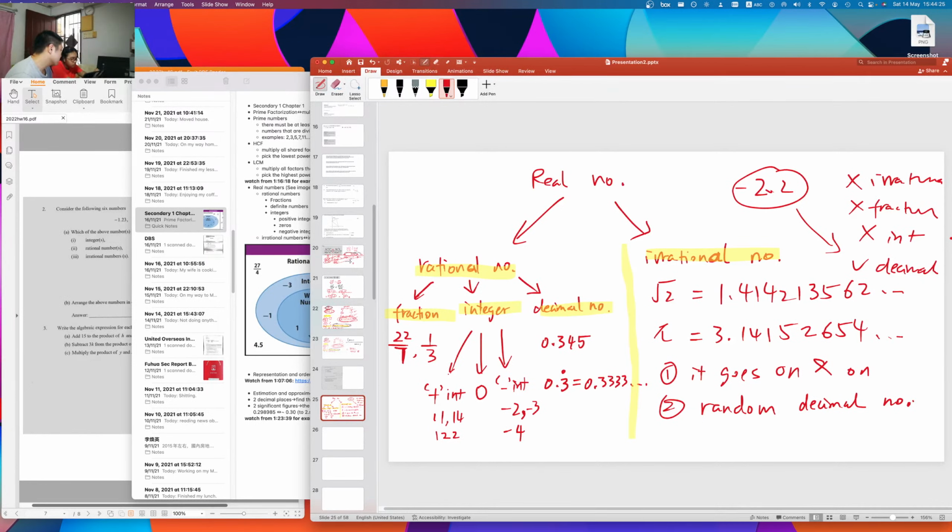Okay, so answer the question. Integer. Which one is the integer? Rational number. Look, rational number also includes fraction, integer, and decimal. So that means if you see fraction, integer, decimal number, they are all rational. Correct. Yeah. So pick.